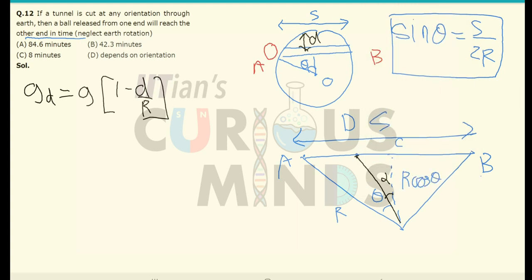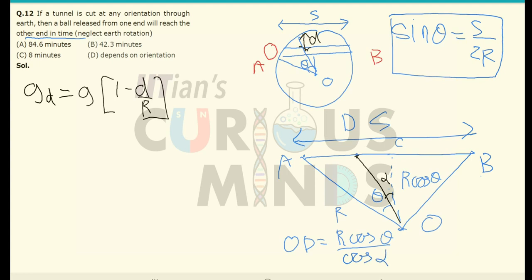So this point OD, where the center is O, will be equal to R cos theta divided by cos alpha, adjacent to alpha.